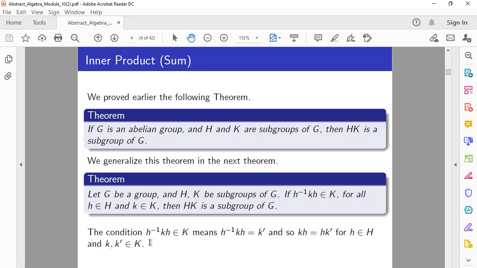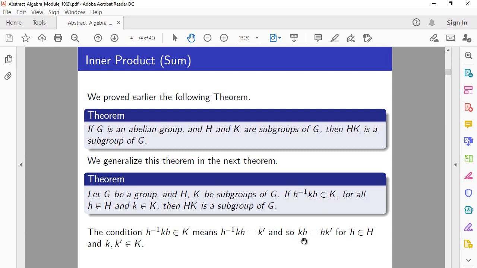The condition says H inverse KH is in K. Now this means that H inverse KH is some element of K. So let's say H inverse KH is equal to some element K prime of K. Now we can rewrite this equation as KH is equal to HK prime, if we multiply both sides of this equation by H. So notice that this equation is telling us that the elements of H and K almost commute.